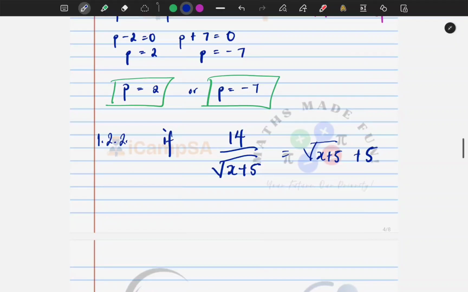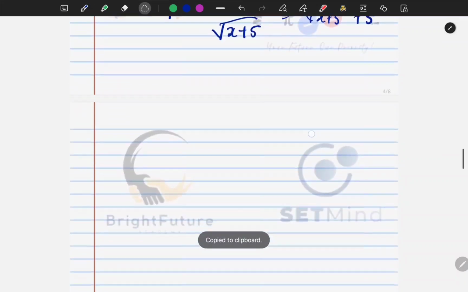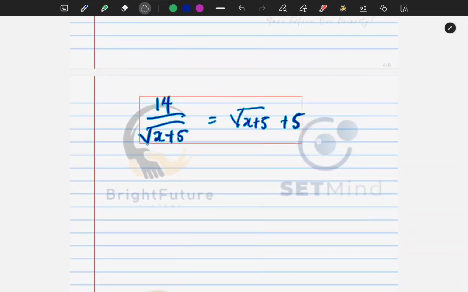So let's take this and write it on a new page. We need to solve for this.